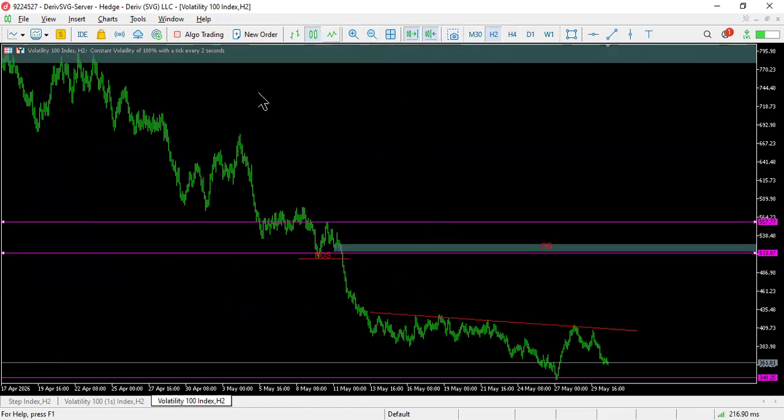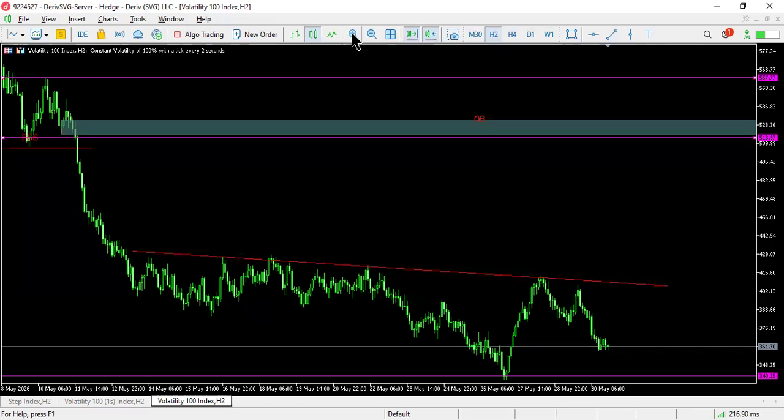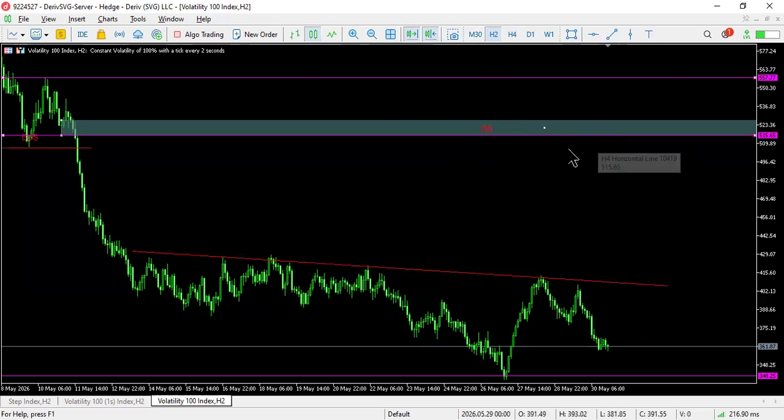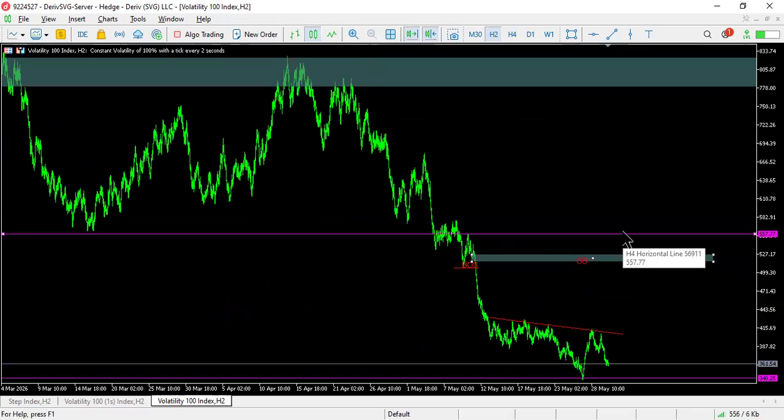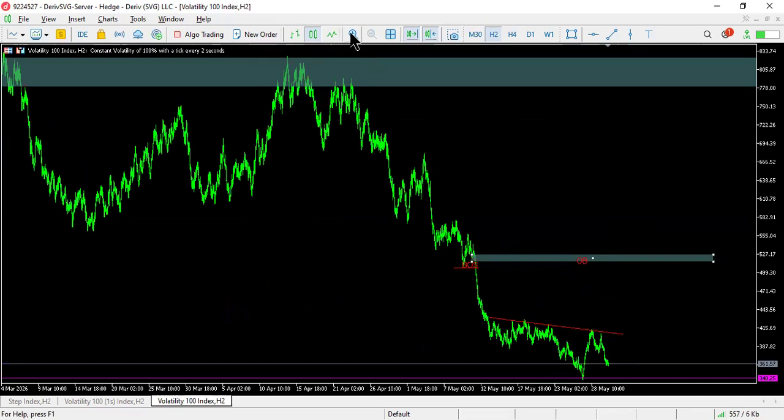All right. You can go ahead and place a sell limit on volatility 100 with your entry price at 515.65, stop loss at 557.77, and then your take profit at 340.25, and as always, apply proper risk management.